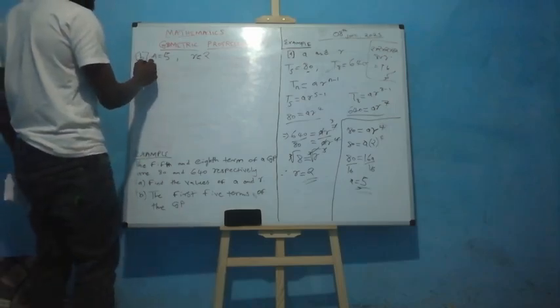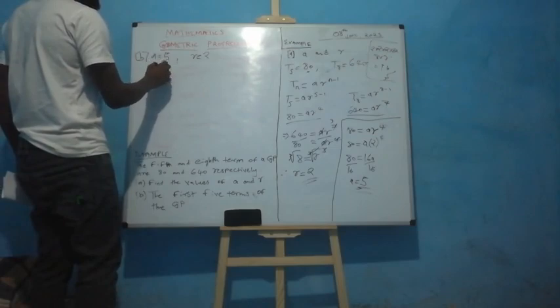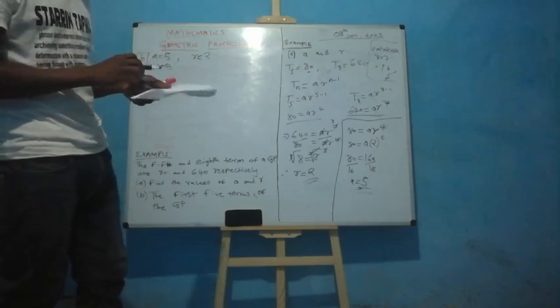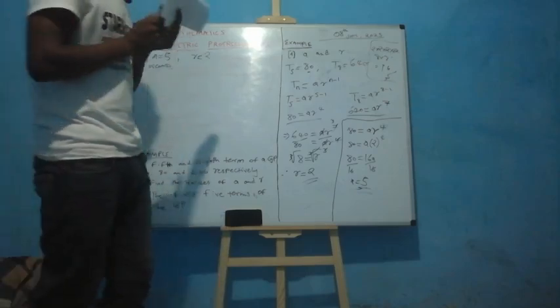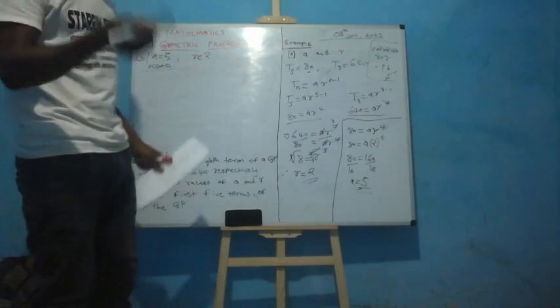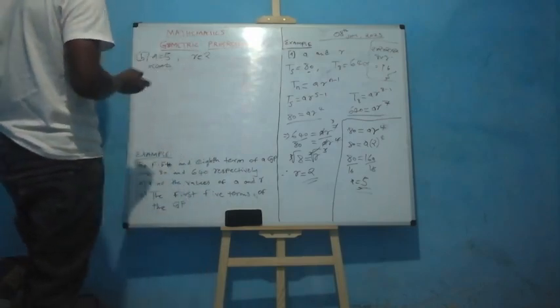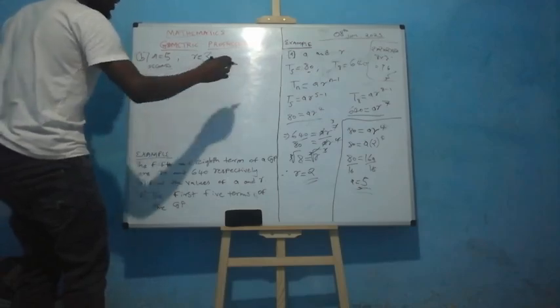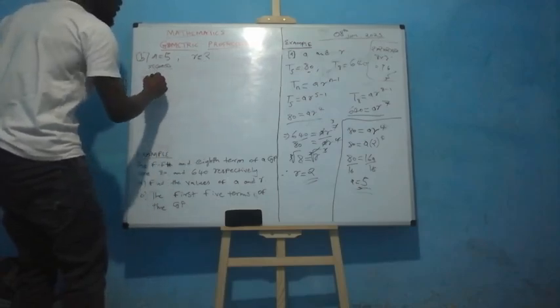So the second term. Again, we get back to our formula, which says that Tn is equal to a r^(n-1). So to find our second term, we say T2 shall be equal to our a. What is our a? Our a is 5.